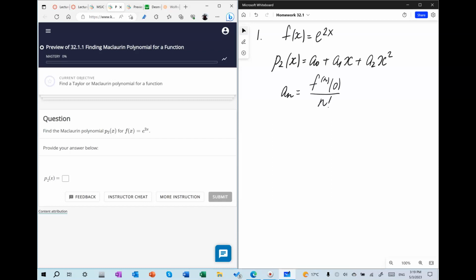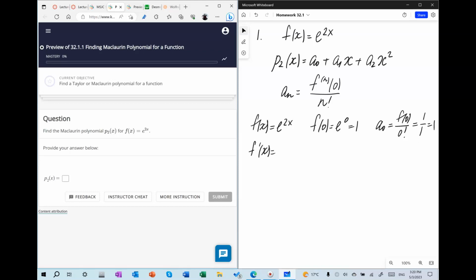In such a case, we have f of x equal to e to the power 2x. So f of 0 will be e to the power 0, which is 1. So a0 is equal to f of 0 over 0 factorial, which is 1 over 1, 1.